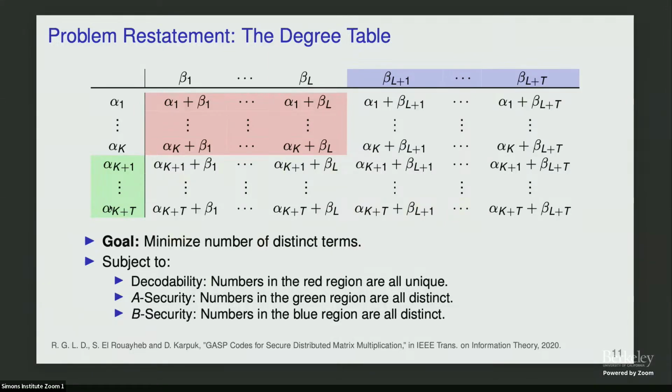So find k plus t integers here for one of the polynomials, l plus t integers here, such that when you just do the sum table of them, these guys are unique, these guys have to be different, these guys have to be different, and the goal is to minimize the amount of distinct terms, and that's it. If you do one that's better than another one, it's easy to check which schemes are better.